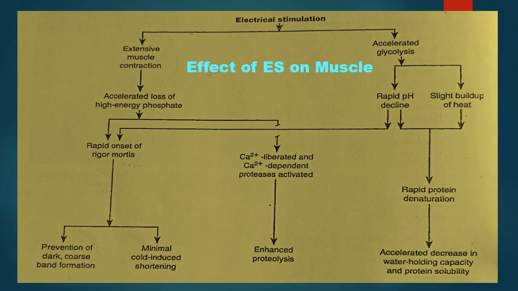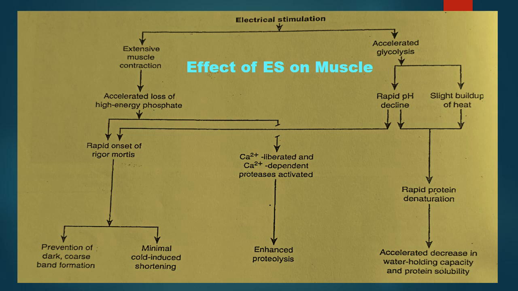Here we will see the effect of electrical stimulation on muscle or meat and how it works. Due to the extensive muscle contraction, as we can see in the diagram on the left side, there is accelerated loss of high energy phosphate or ATP and creatine phosphate, and that leads to rapid onset of rigor mortis, which minimizes the cold shortening, and also prevents the dark or coarse band formation.